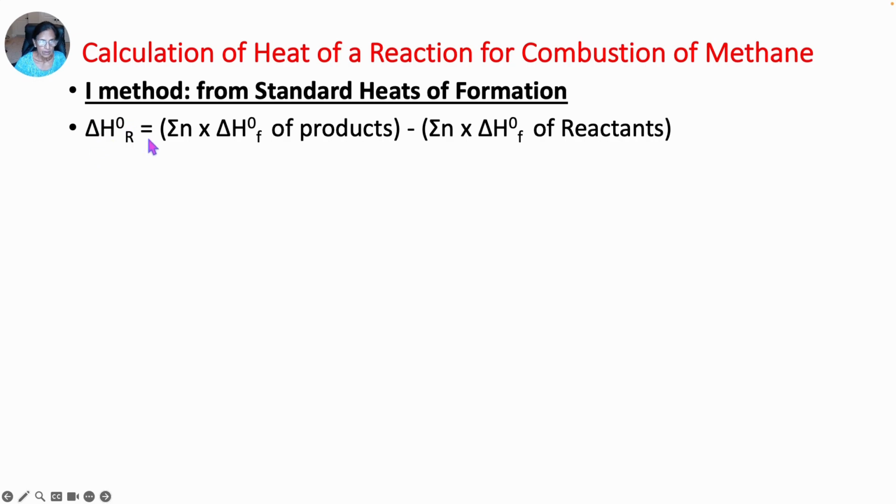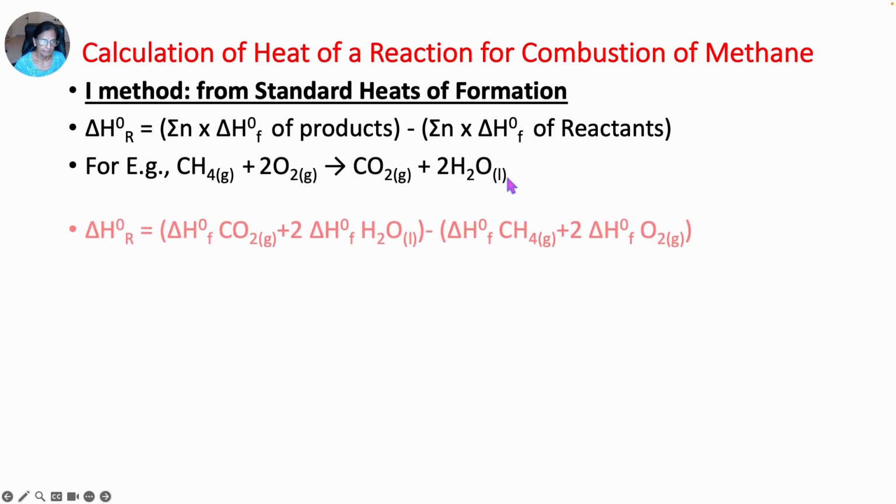Delta H0R is always equal to the sum total of n number of molecules into delta H0 formation of products, minus the sum total of all molecules into delta H0F of reactants. For example, methane gas getting burnt in excess oxygen is called combustion, and that gives carbon dioxide gas plus 2H2O liquid.